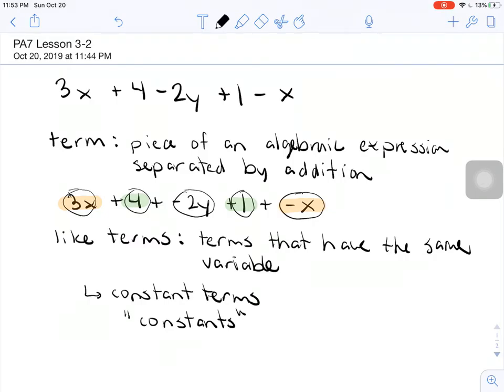So it can change value based off of the variable. The 4 and the 1, they don't have a variable, which means those terms will always be a 4 and a 1 and nothing else. They stay the same, or they stay constant, which is why we call them constant terms. So constant terms are like terms, but they're like terms that don't have a variable.